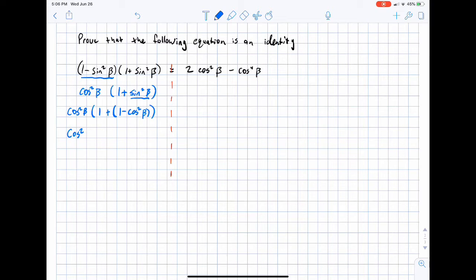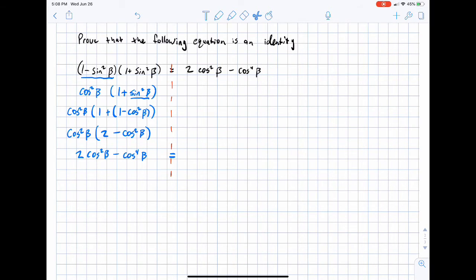And so I have cosine squared of beta times 2 minus the cosine squared of beta. And then my next step is I'm going to distribute that cosine squared of beta through those parentheses. So I get 2 cosine squared of beta minus cosine to the fourth of beta. And notice that that verifies the identity.